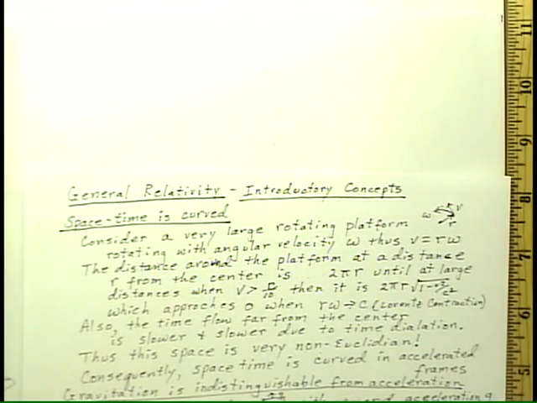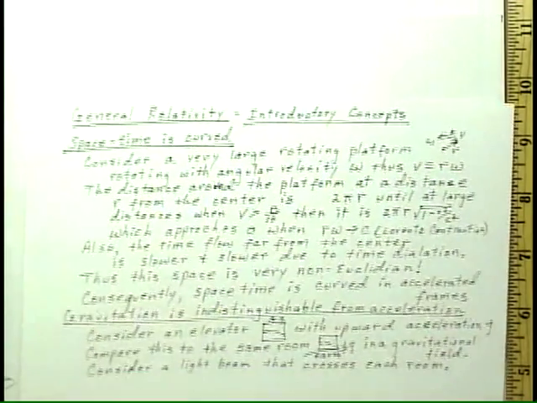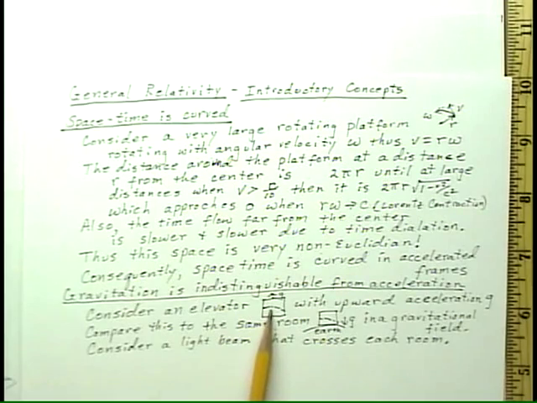There is one exception to this, and that exception has to do with a beam of light. I want you to imagine now that we have this elevator that's accelerating upward, and we take a beam of light and let this beam of light head straight across the elevator, and with the acceleration, the elevator accelerates out from under the beam of light, so that inside the elevator there's the appearance of the light bending downward in this accelerated frame.